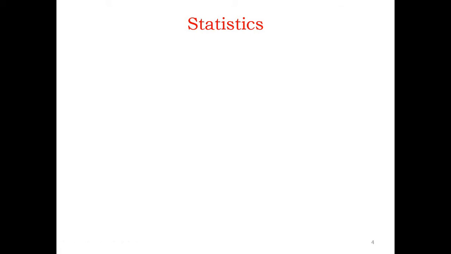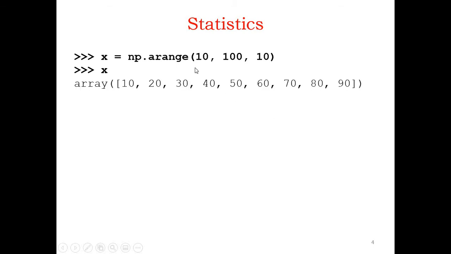so we can do basic statistics over Numpy arrays. Suppose this is a Numpy array you create with a range. That means it will start from 10, go up to 100, but it won't touch 100, and the step size is 10.